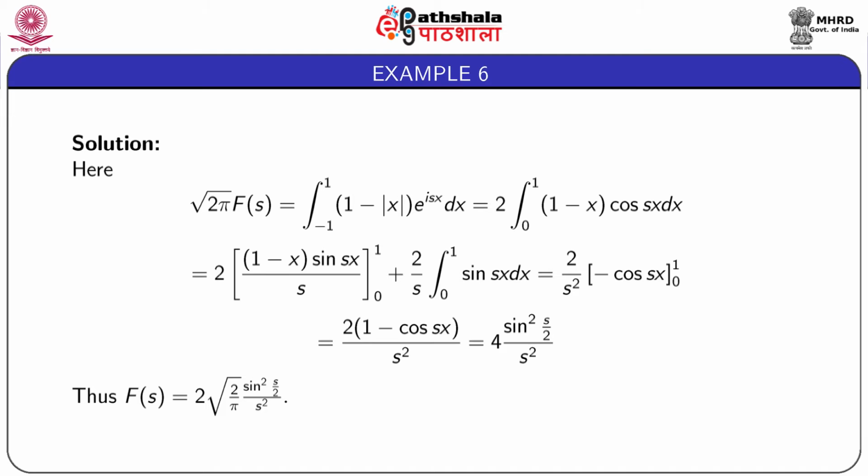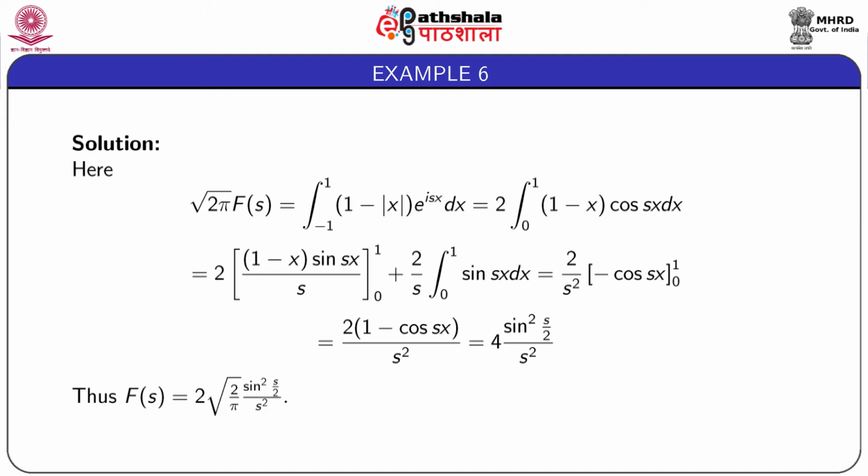So these two integrals can be simplified and we obtain 2 into the integral from 0 to 1 of (1 minus x) cos s x dx.